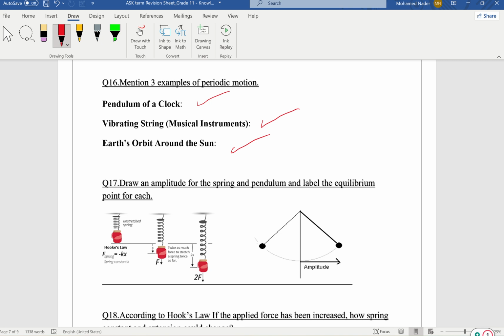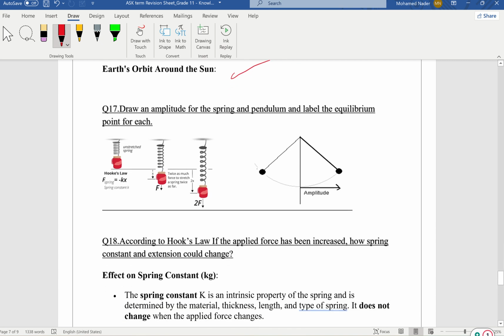Please check it. Here I'm asking you to draw the amplitude in each of the following. In a spring and in a pendulum, we know that the amplitude is the maximum displacement traveled by the object. So if this metal bob moved with high displacement, you can see the displacement here is more than the displacement on the other side.